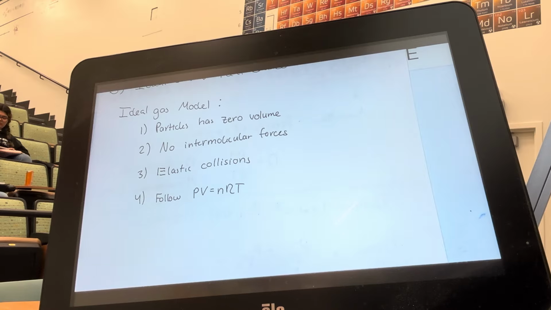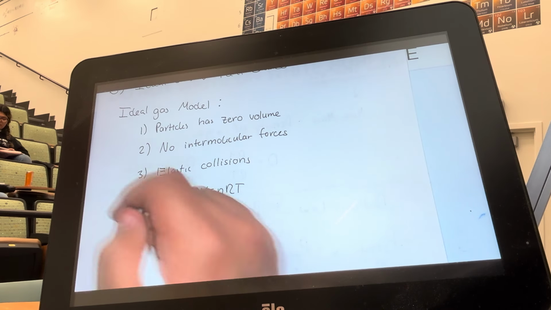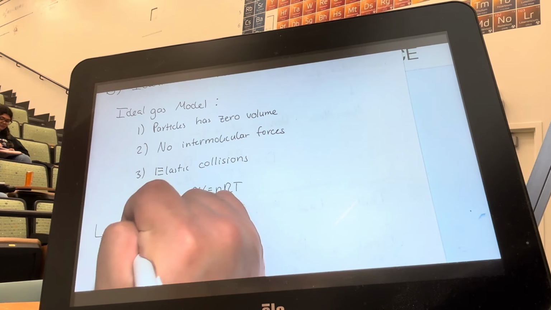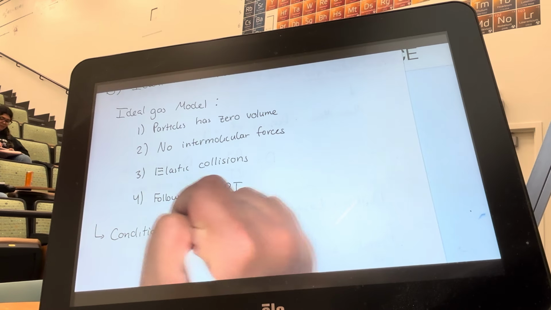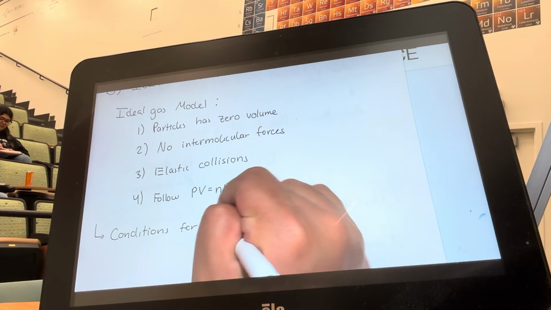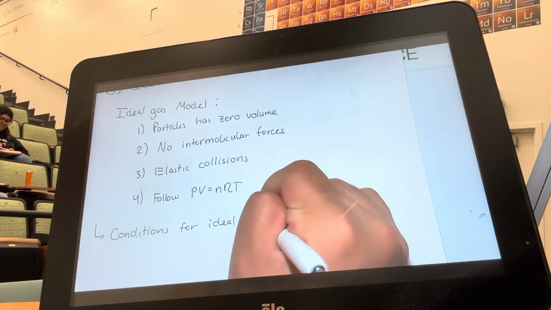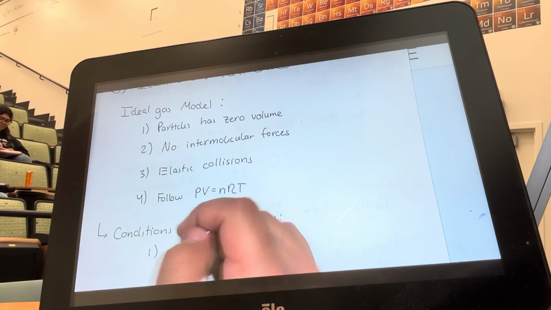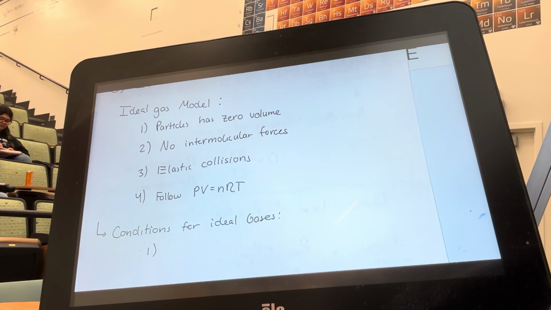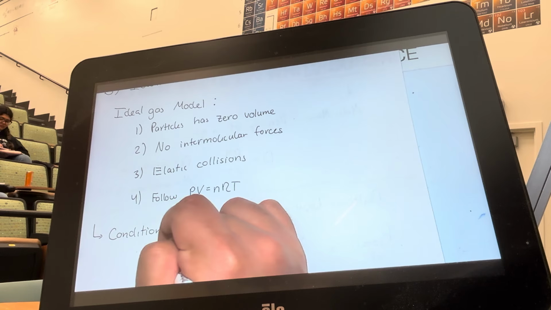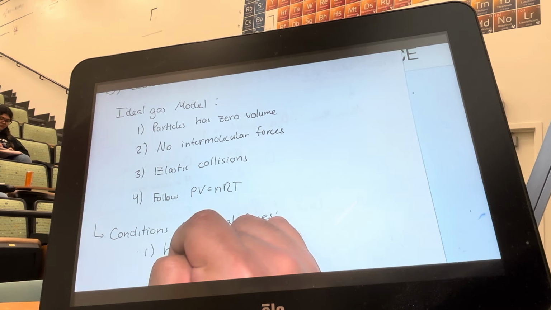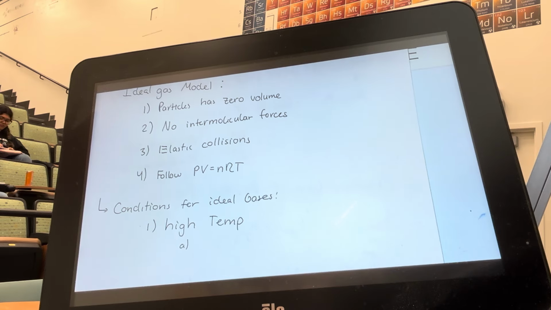So then where do these exist? This little subset is called conditions for ideal gases. Number one, it's high temperature. Why, you might ask?